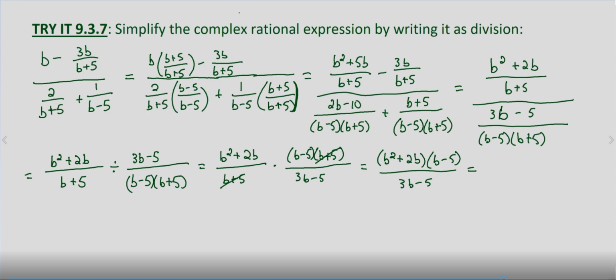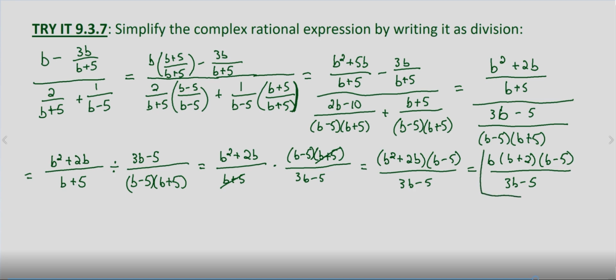It should have been b times b plus 2. But I'll go ahead and factor that back out right now, and we'll end up with b times b plus 2 times b minus 5 over 3b minus 5.